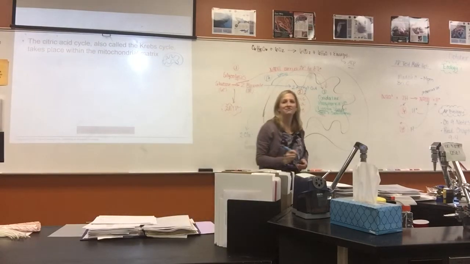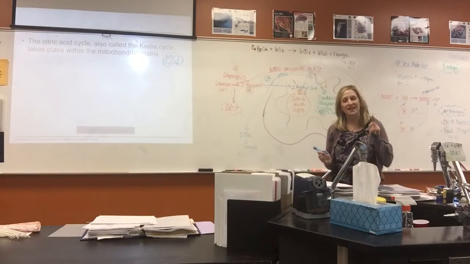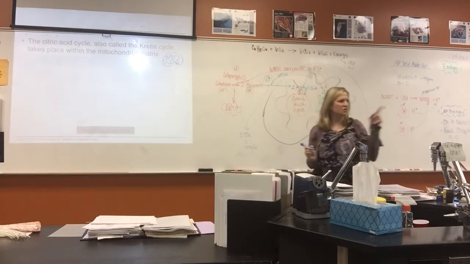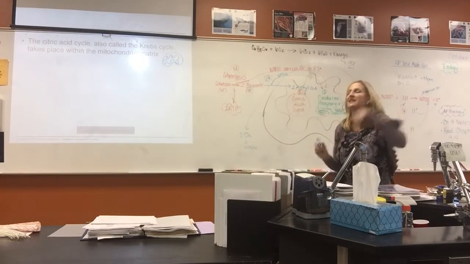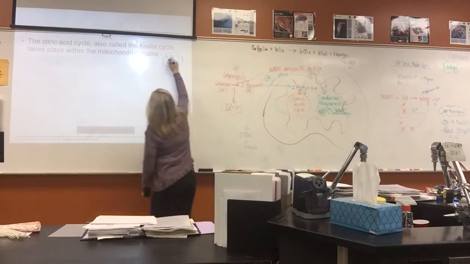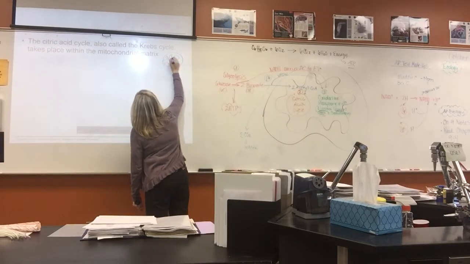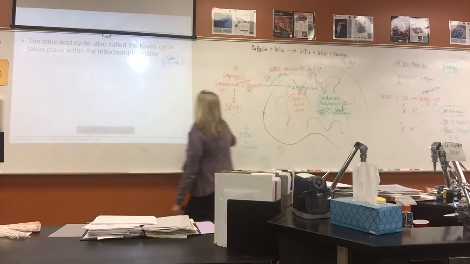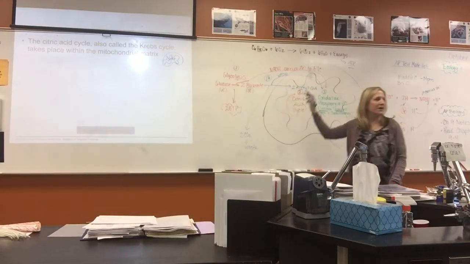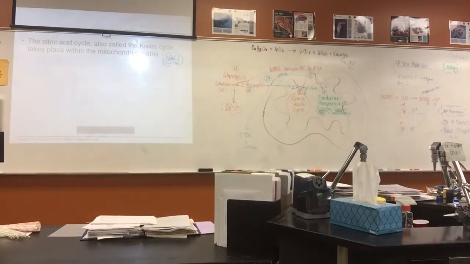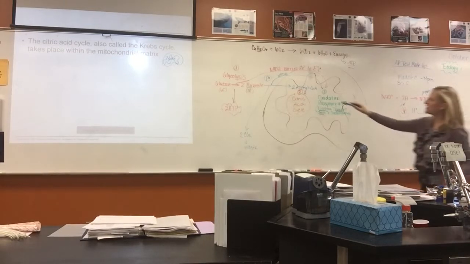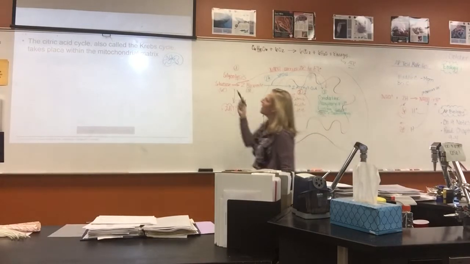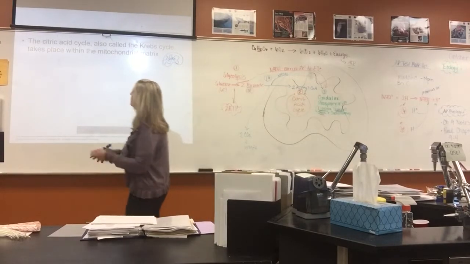Where would I find that? It's not the folds. It's inside the folds. So this part right here is the very interior. This is the matrix. And so it's here in the matrix, and that's where the Krebs cycle occurs.